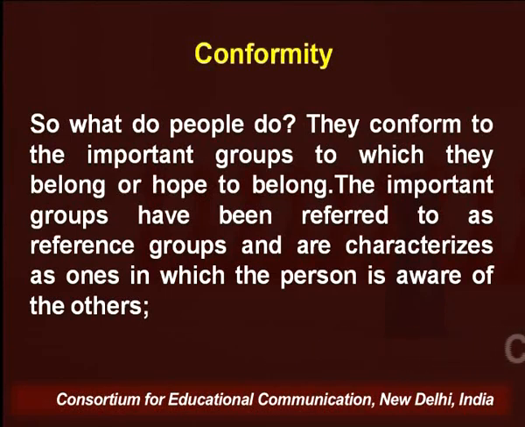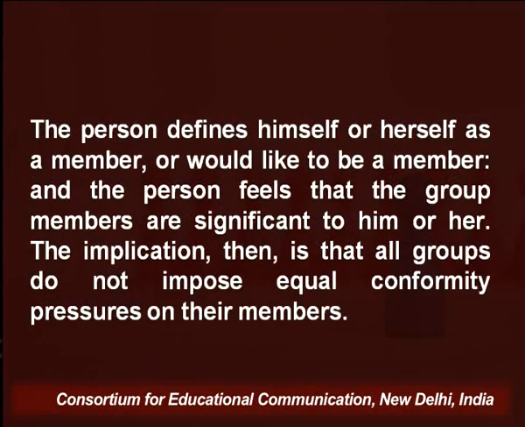So what do people do? They conform to the important groups to which they belong or hope to belong. The important groups have been referred to as reference groups and are characterized as one in which the person is aware of the others, the person defines himself or herself as a member and would like to be a member, and the person feels that the group members are significant to him or her.